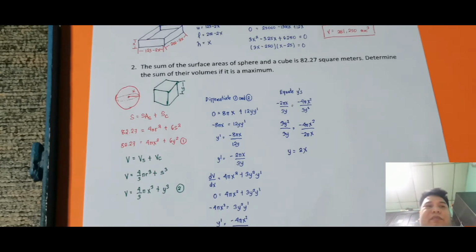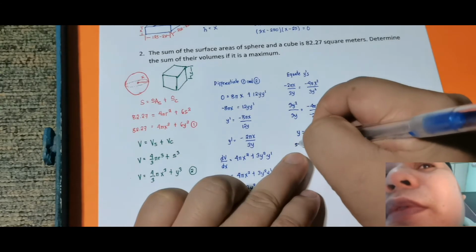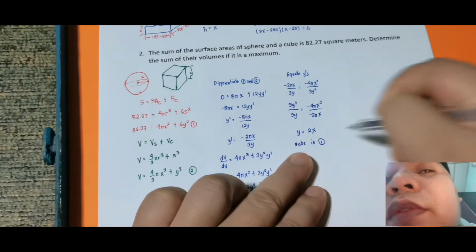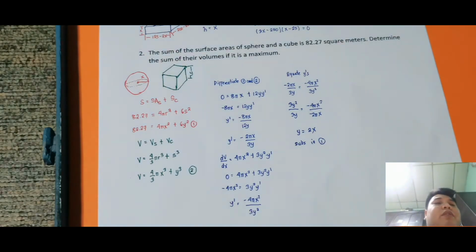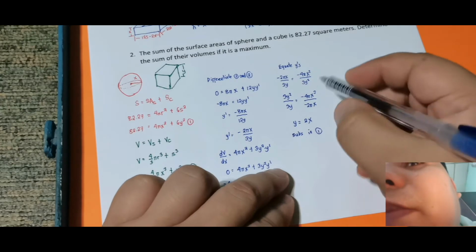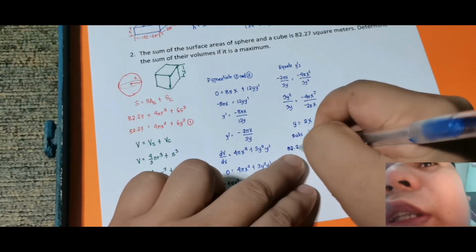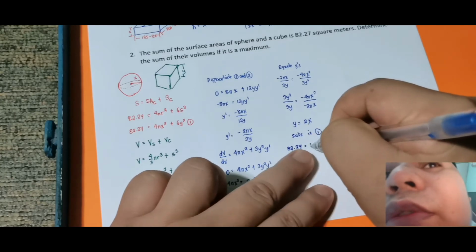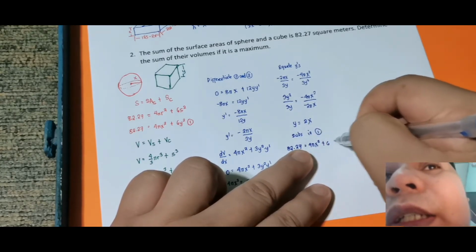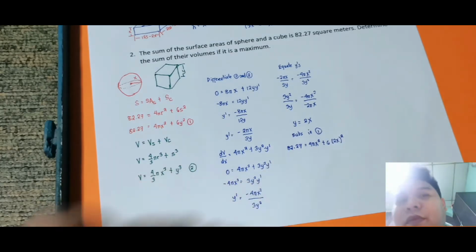Okay, then, substitute in equation 1. So yung y is equal to 2x is substitute in equation 1. So ito yun, no? So this is 82.27 is equal to 4 pi x squared plus 6 times 2x squared.